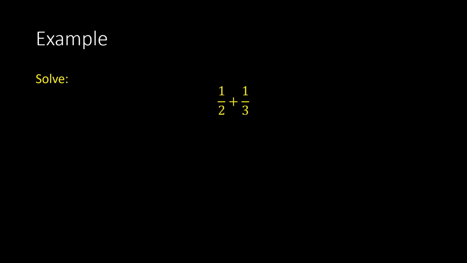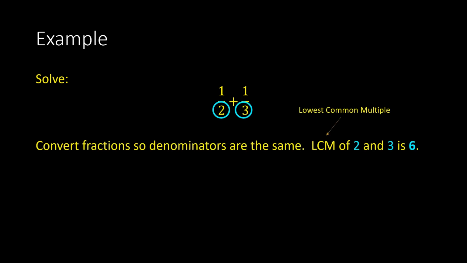Now let's add two slightly more complicated fractions. First, convert the fractions so the denominators are the same. Notice that the denominators are 2 and 3. We bring in here the concept of the least common multiple. The least common multiple of two whole numbers is the smallest positive integer that is divisible by both numbers.